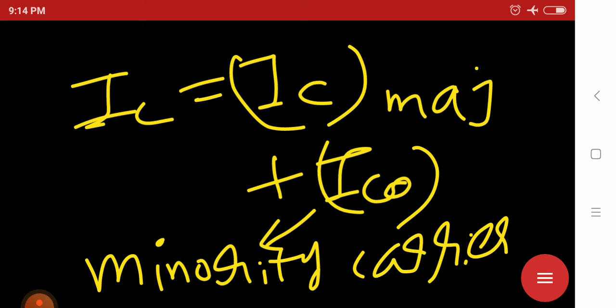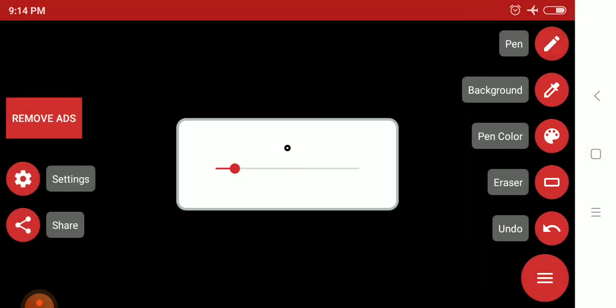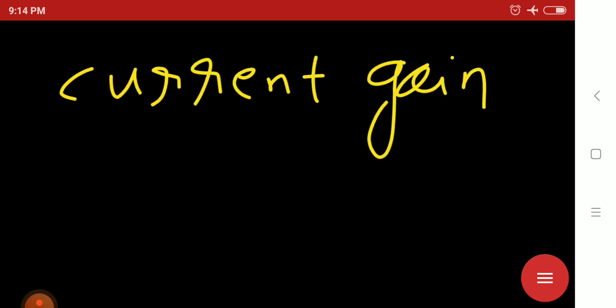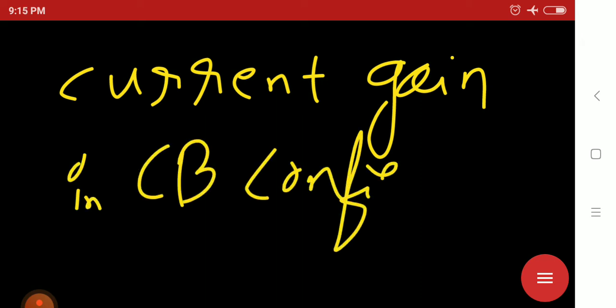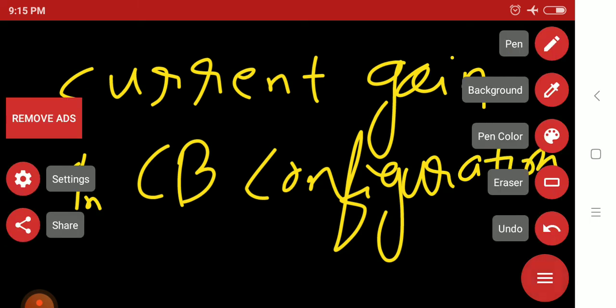Here you have to memorize another important fact, that is current gain. What is current gain in CB configuration?